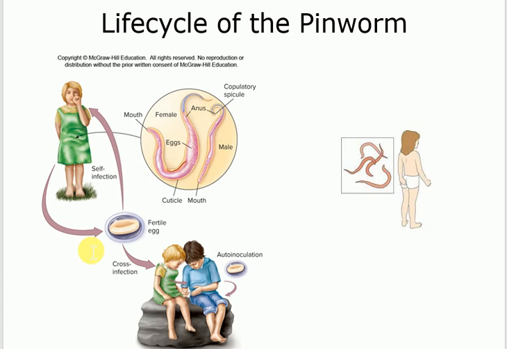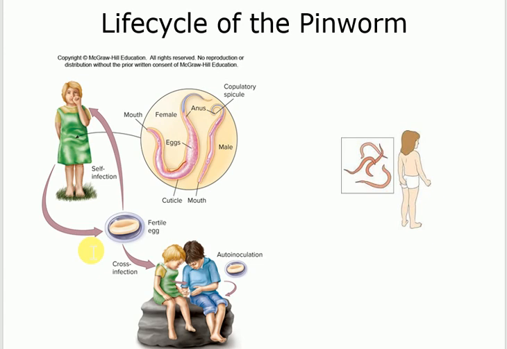You can infect yourself, and we call that auto-inoculation or auto-infection. Auto means self, right? You infect yourself. Most of these worms, like this is the pinworm, okay? Why do you call it the pinworm? Because it literally looks like a pin, okay? Very thin, you know how a pin looks. Very tiny ones.